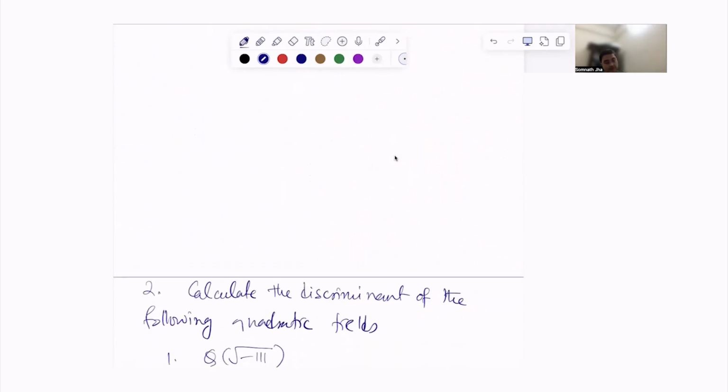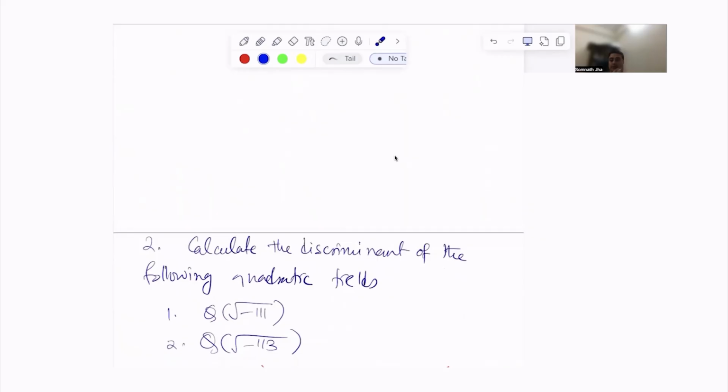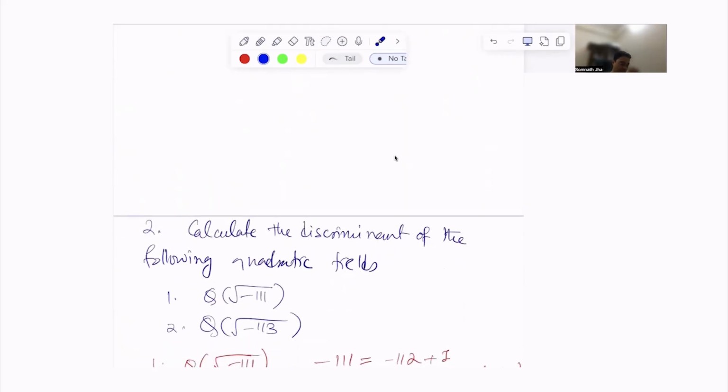Let us do some other exercises. Calculate the discriminant of the following quadratic fields. One is Q of square root of minus 11, and the second is Q of square root of minus 13.